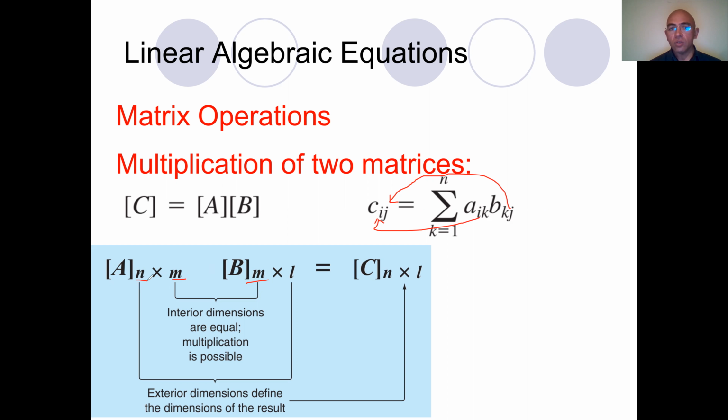The number of rows in the first matrix will be the number of rows in the resultant matrix, and the number of columns in the second matrix will determine the number of columns in the resultant matrix.